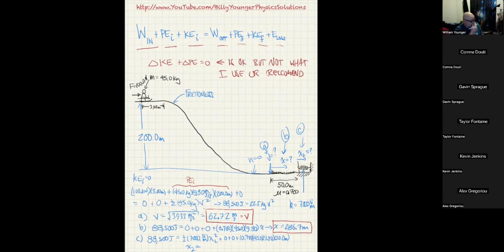So now I've taken that 88,500 and I've subtracted the E loss due to the rumble strip, if you will. And that gave me 73,065. So 73,065 joules is how much energy I have left. I'm going to multiply that by 2 and then divide it by 7,000 and then take the square root.